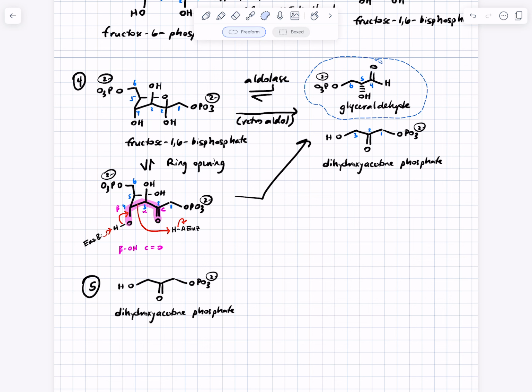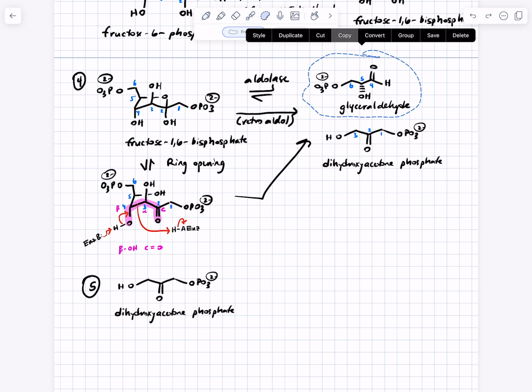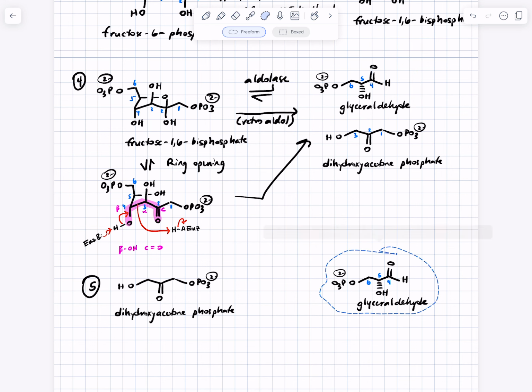At this point, I'm going to drop the 1, 2, 3, 4, 5, and 6 that we used previously for glucose, and we'll just start numbering things in a simpler way, starting with C1 on the aldehyde in glyceraldehyde and so on.